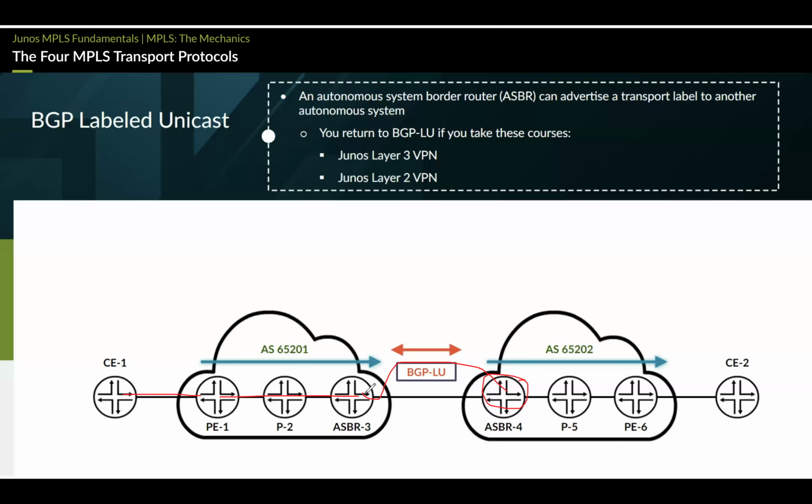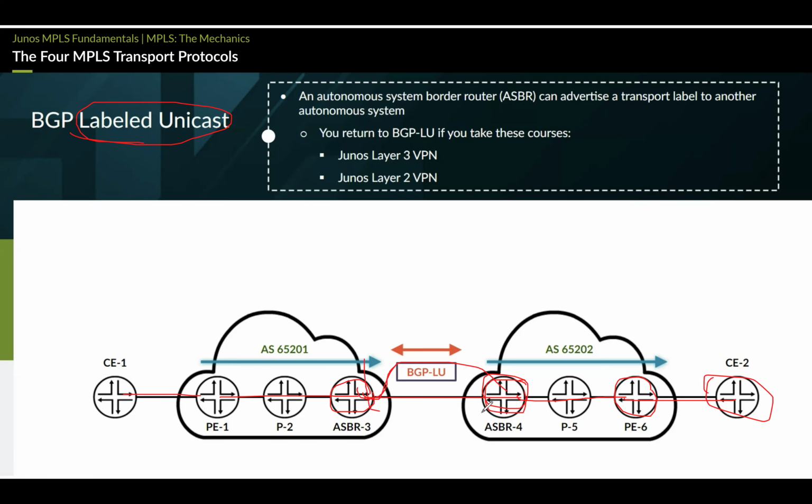Encapsulate this label and insert it in the BGP session, and BGP will send the label using the label unicast family. BGP uses the label unicast family to send the label from ASBR 3 to ASBR 4. And again, this label comes into provider B and the packet is sent to the customer.